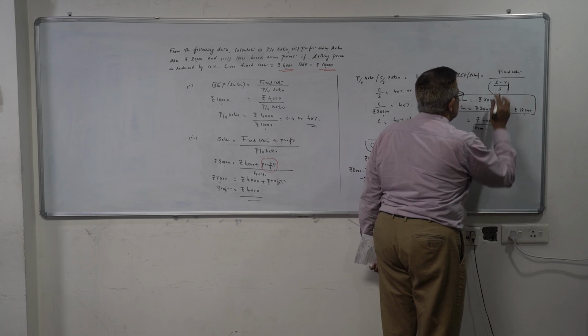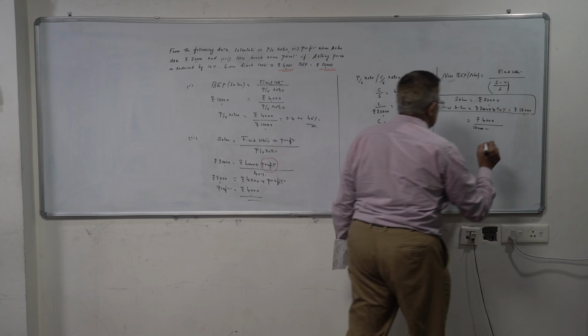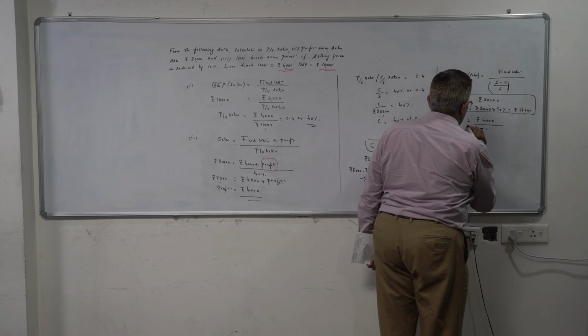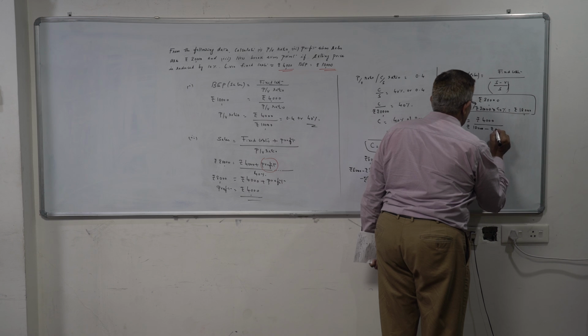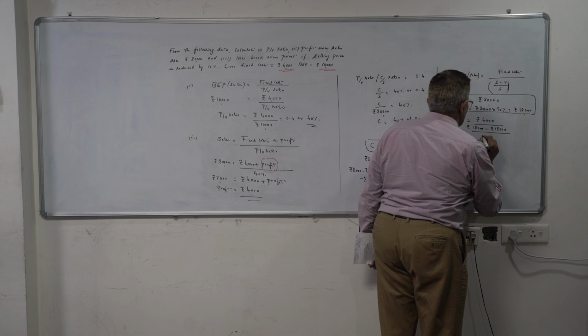Then variable costs we already got as 12,000 rupees, divided by 18,000.